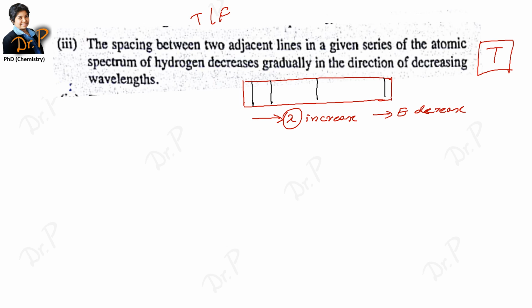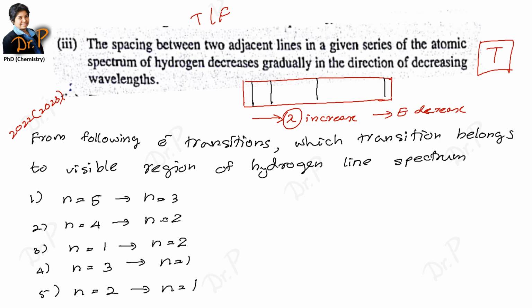The next question is from 2022, held in 2023 exam. I may have worded it a little bit differently. From the following electron transitions, which transition belongs to the visible region of the hydrogen line spectrum? So you can see the question tests if you know which transition emits radiation in the visible region.